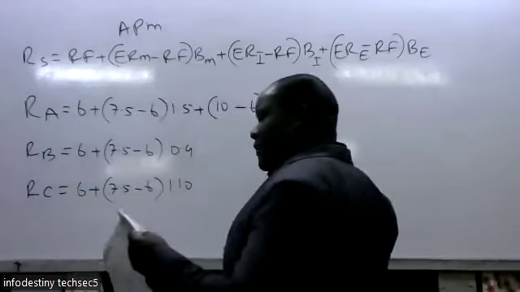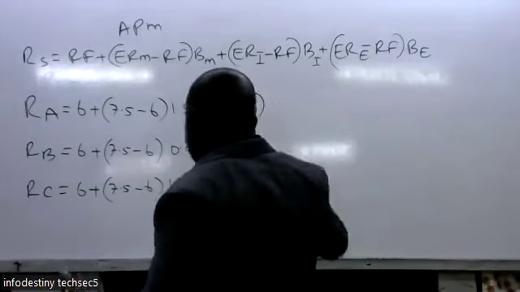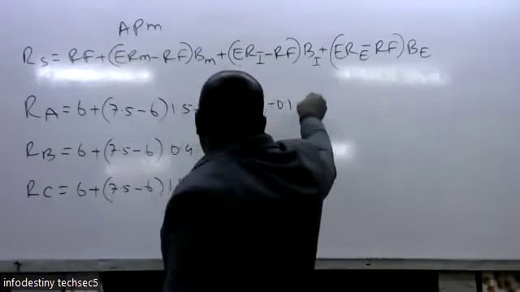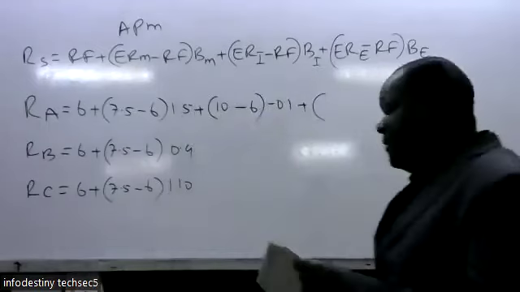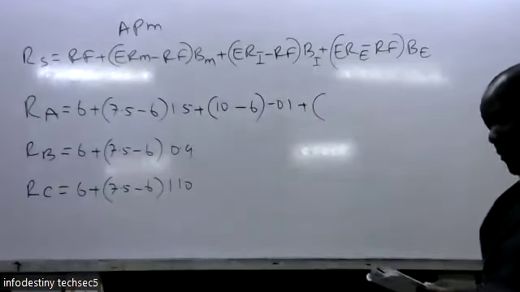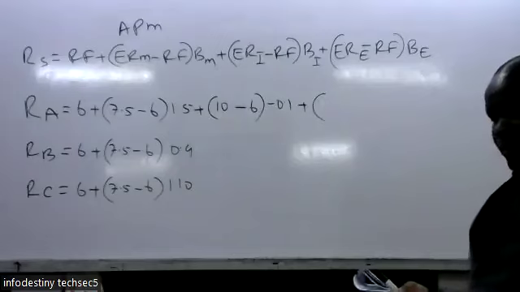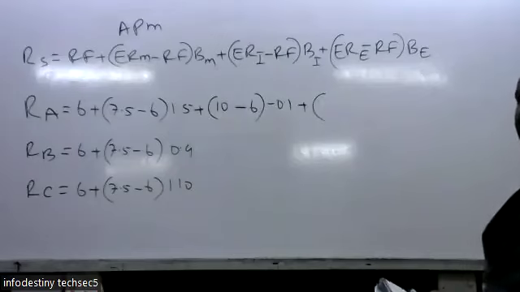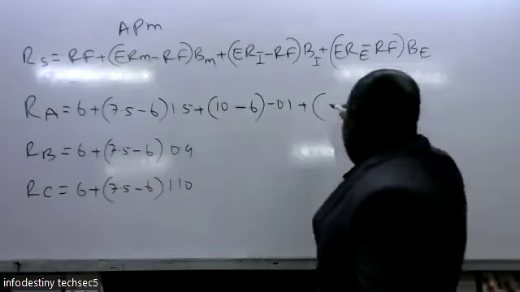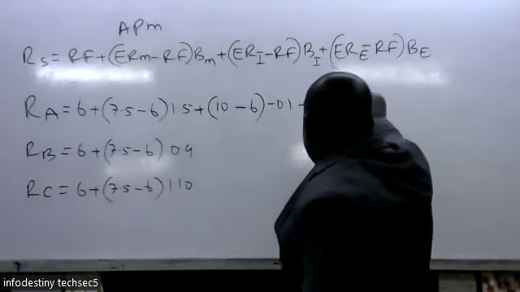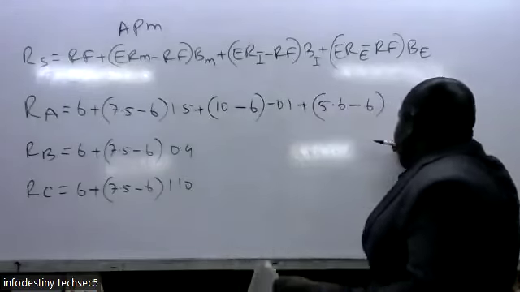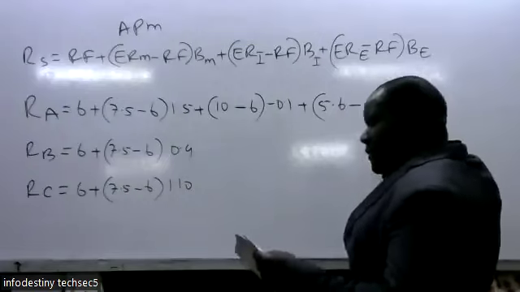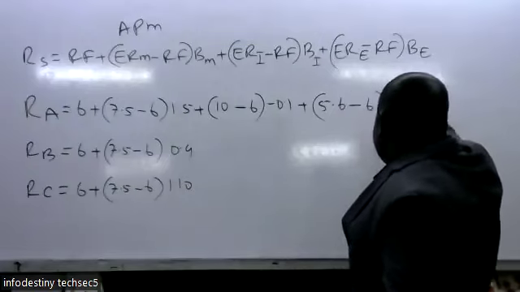So the beta factor for inflation is 0.1. Then for economic growth, you see the 5.6, so you take 5.6 minus the 6. The beta factor for that one is 0.56.